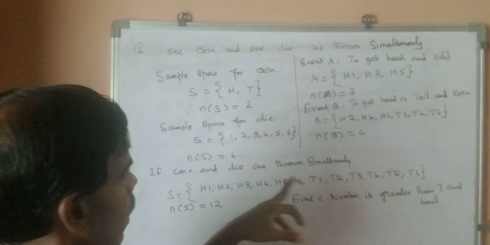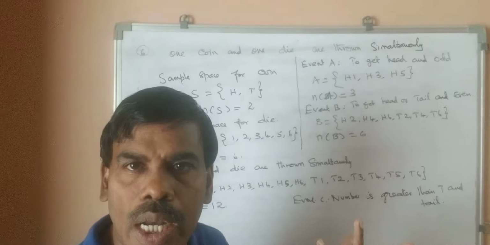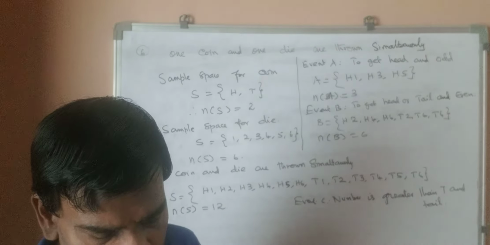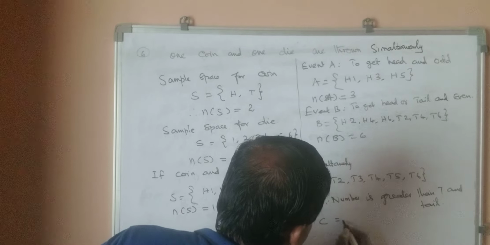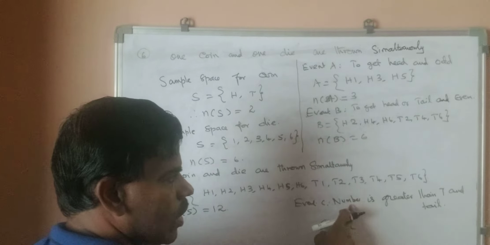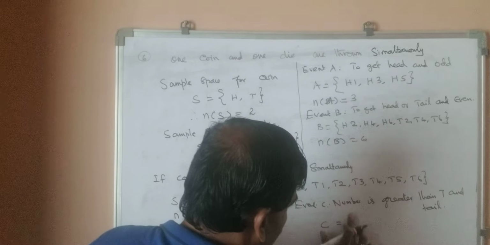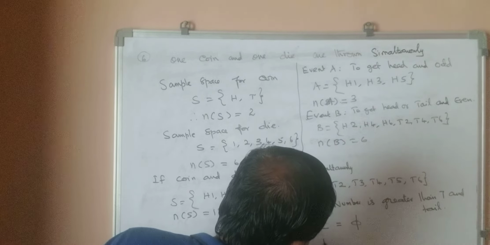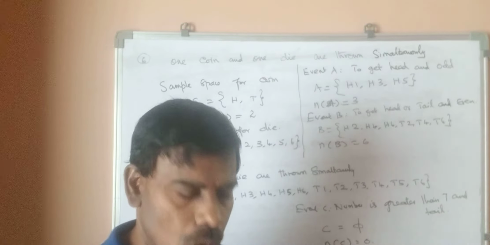You tell me, can there be any number 7? Can you see 1, 2, 3, 4, 5, 6 only? So there is no number, it is an empty set. So there cannot be any condition like this, number is greater than 7. So we are having empty set. So how many elements will be there? 0. Okay.